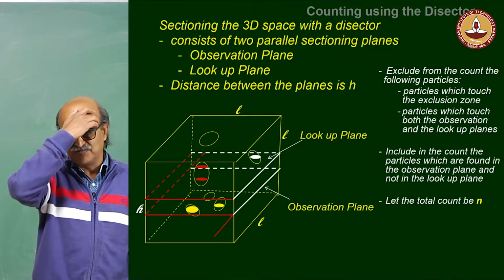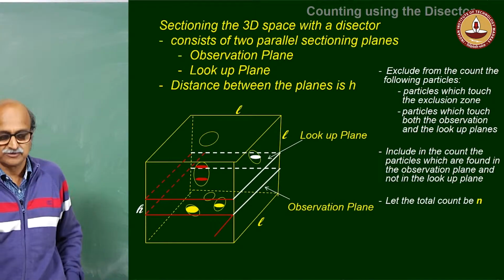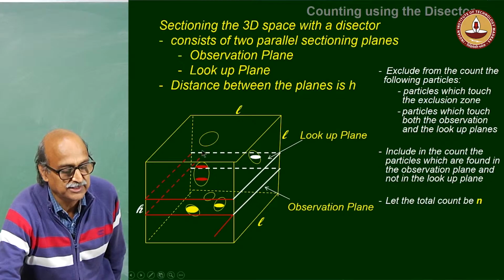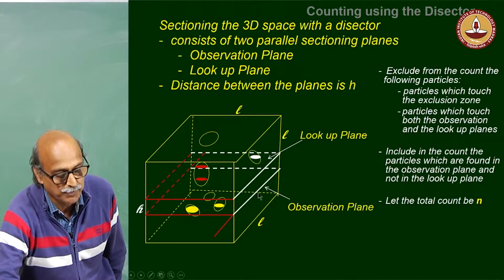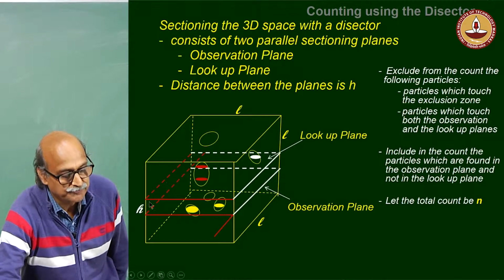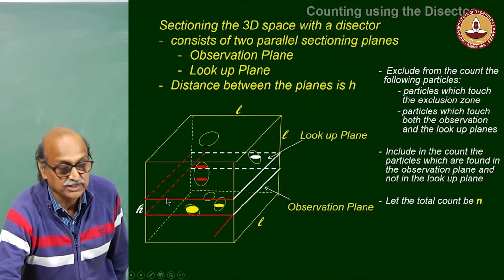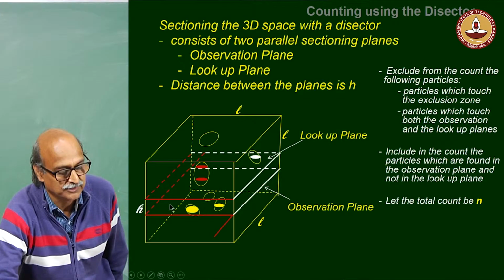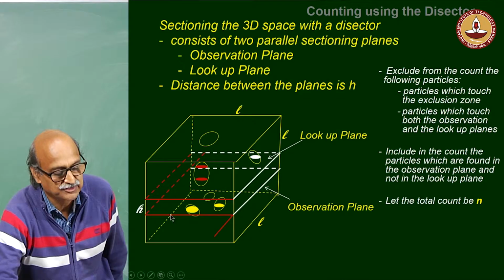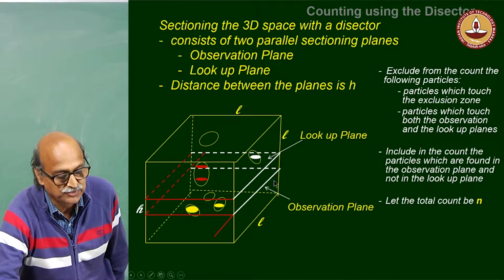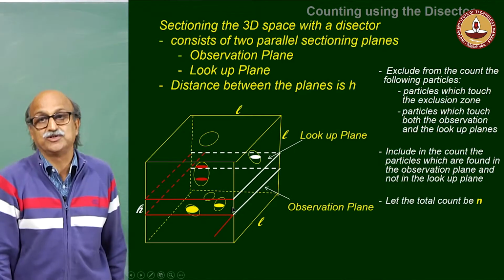Then this is the effective number of particles present in the dissector volume. Okay. So, the dissector consists of two parallel planes, and the volume in between these two planes is the volume of the dissector, which would be nothing but the area of one of the sectioning planes, that is L square, multiplied by h, and that is why you need h.